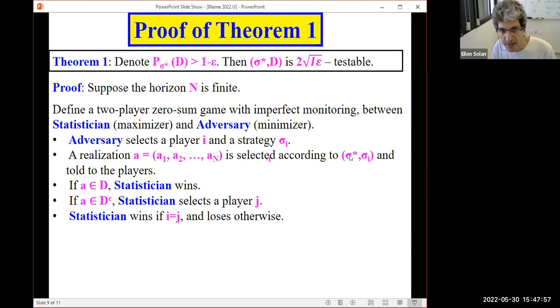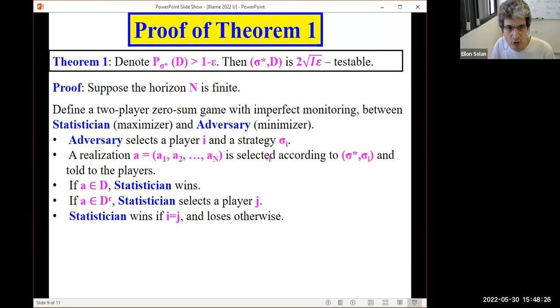All other players follow sigma star, and player I deviated to sigma I. So the adversary selected a player to deviate and the deviating strategy, and then according to the new strategy profile, nature selected a realization.